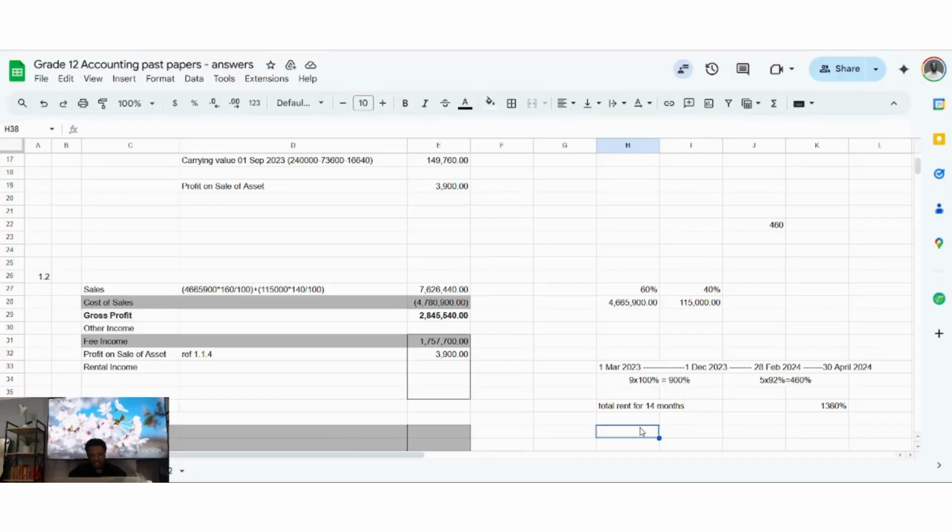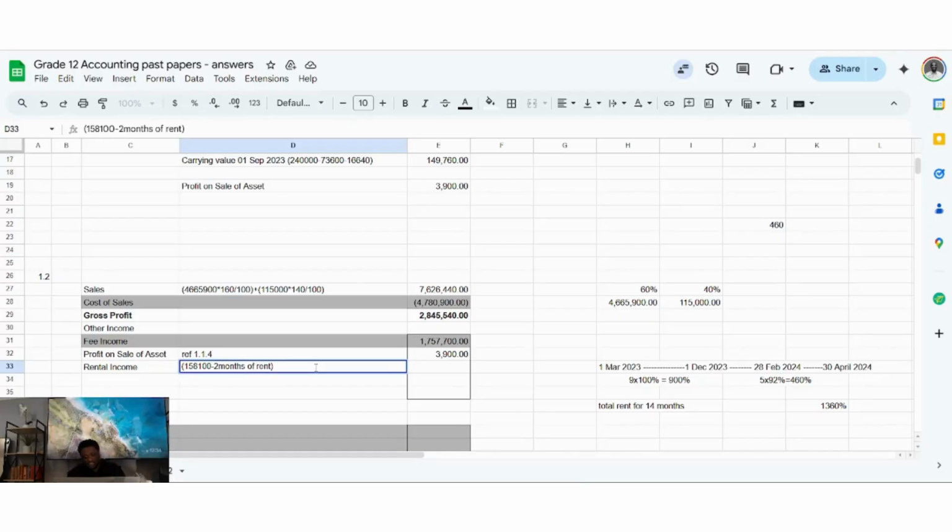So then what we'll do to calculate, because ultimately what we want to do here is to basically say 158,100 minus the 2 months of rent. And the 2 months of rent that I'm talking about is basically March 2024 and April 2024, because we basically received rent for 2 extra months. Now those 2 extra months, what are they?